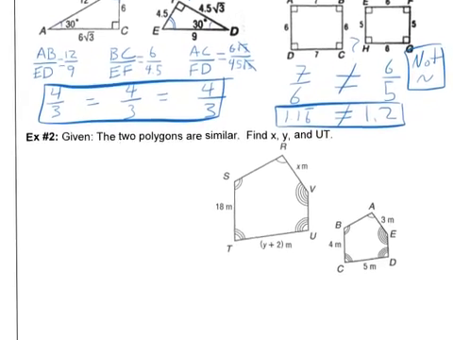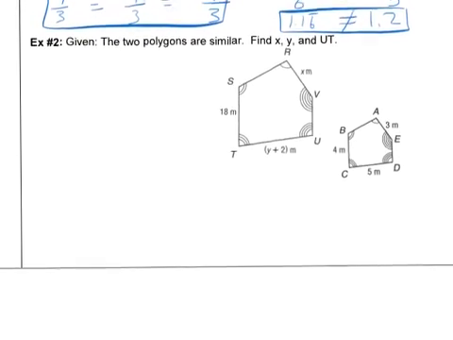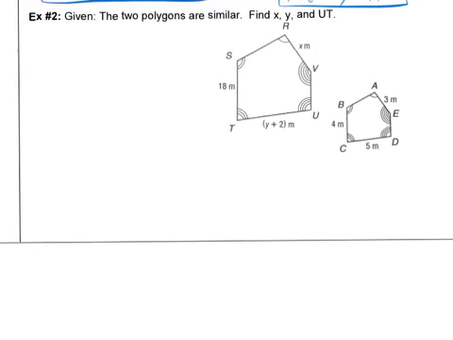Okay, let's take a look at this one. Given the two polygons are similar, find x, y, and UT. Well, if they are similar, then there's going to be some common ratio between them. They give us this side ST and this side BC. They're obviously corresponding because B and S correspond and T and C correspond.